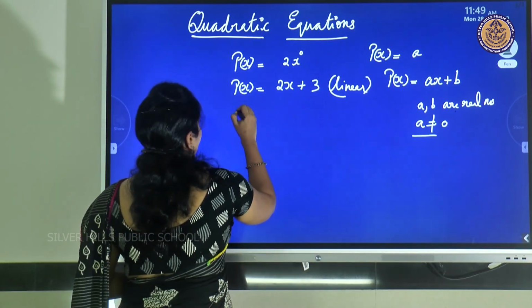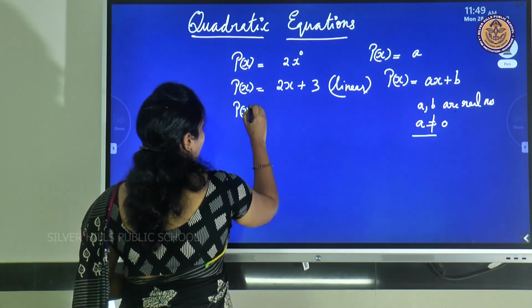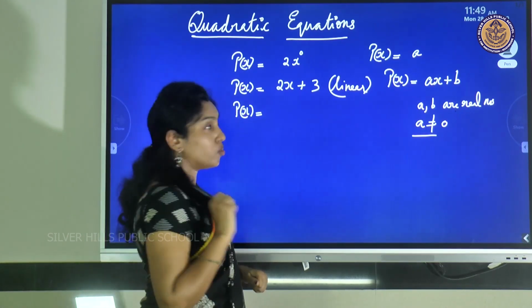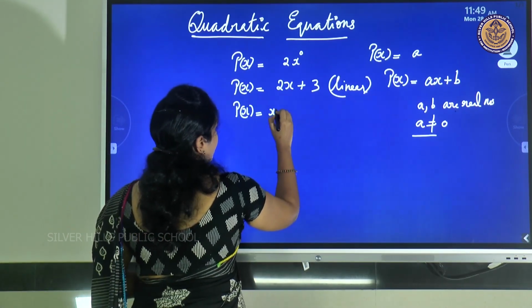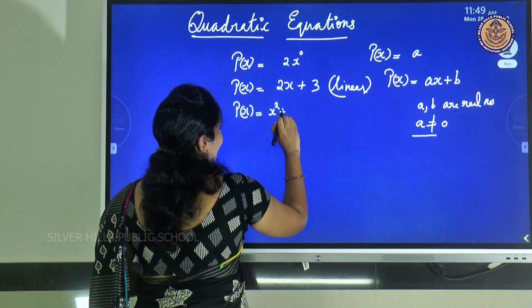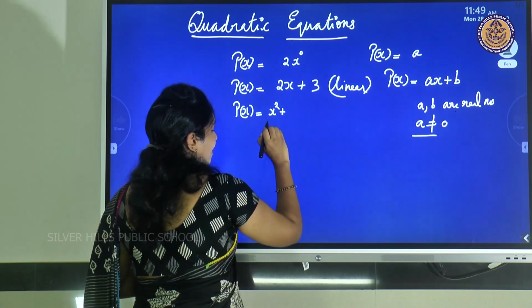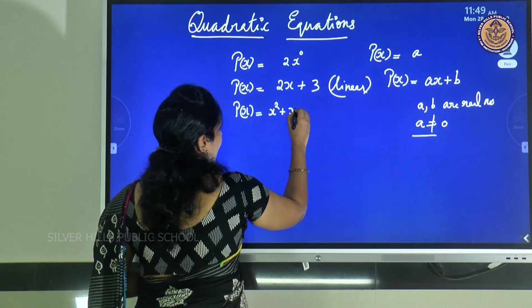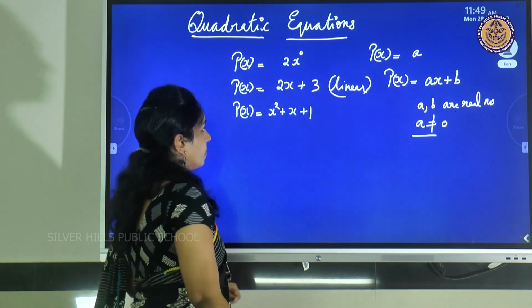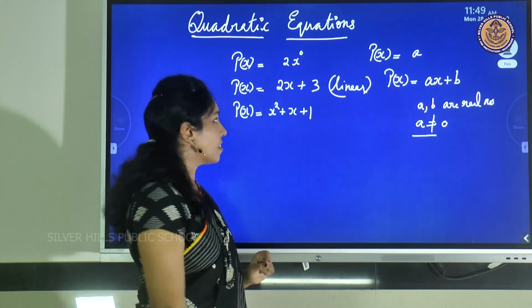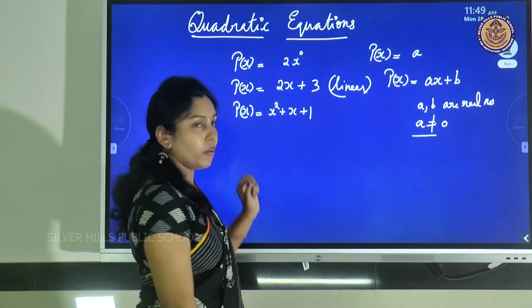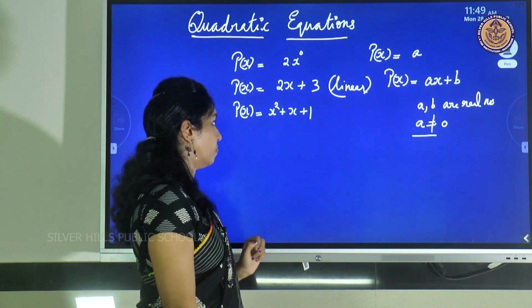Next, let us consider another polynomial whose degree is 2. Say x square plus x plus 1. Here the variable is x, and what is the highest power of the variable here? It is 2.